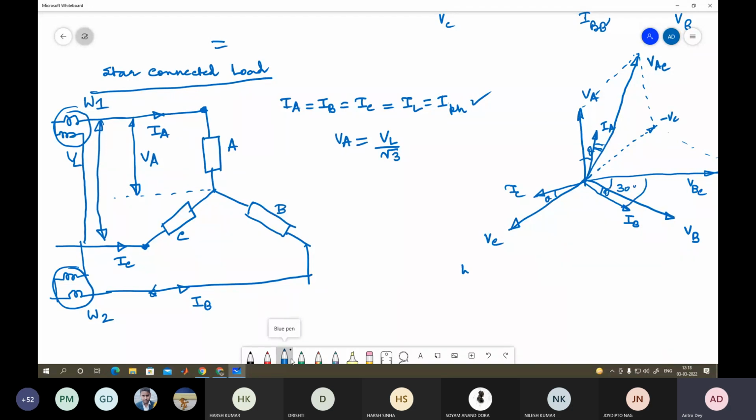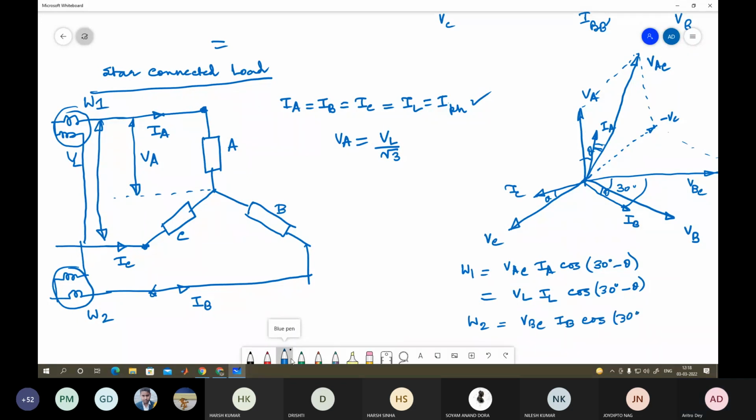So W1 is VAC into IA into cos of 30 minus theta. What is VAC? VAC is equal to line voltage, that means VL. What is your IA? That is equal to IL. And W2 is equal to VBC into IB into cos of 30 plus theta, right?